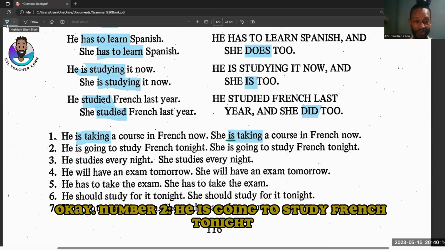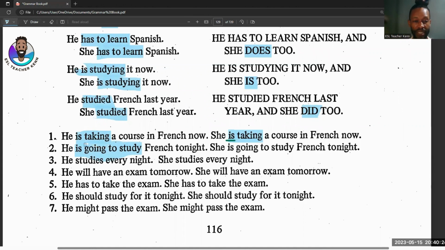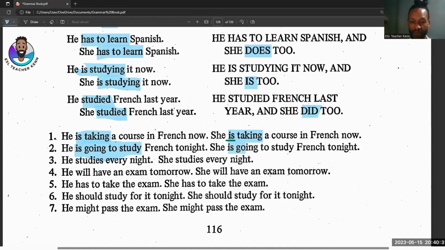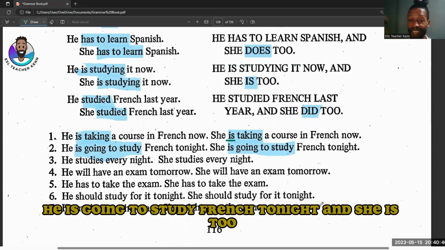Okay, number 2. He is going to study French tonight. She is going to study French tonight. He is going to study French tonight, and she is too.